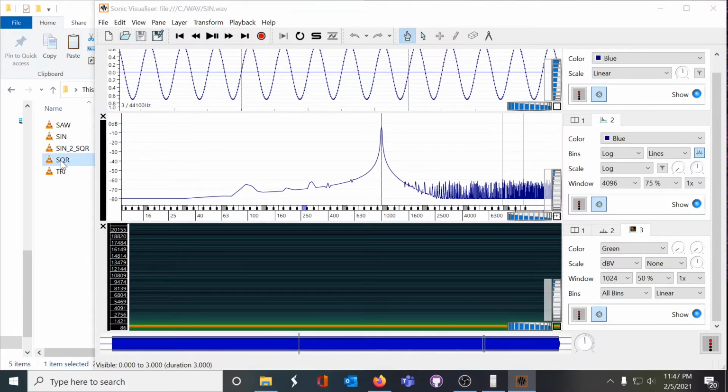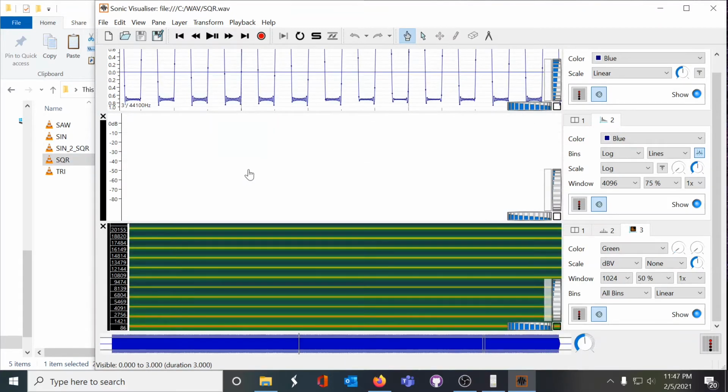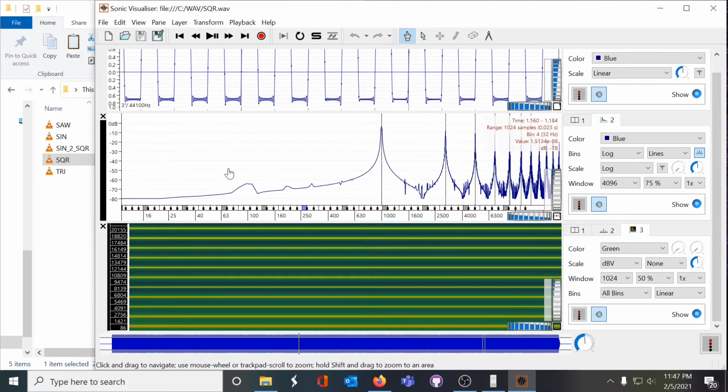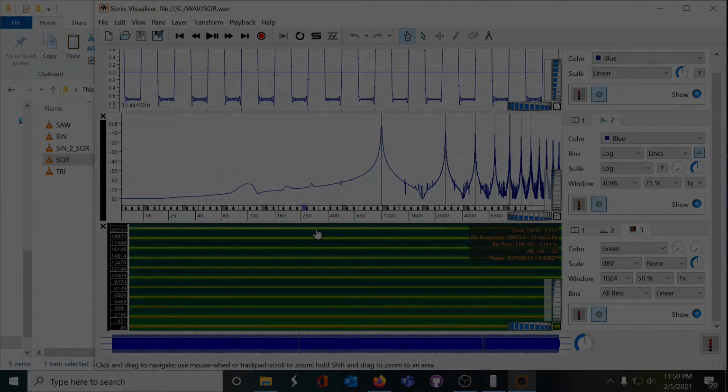What is the bandwidth of a square wave? And the answer is it's extraordinarily high, because a square wave is composed of an infinite sum of the odd harmonics. We can see that in the spectrogram, where there is significant energy, even here, in the highest frequency ranges.